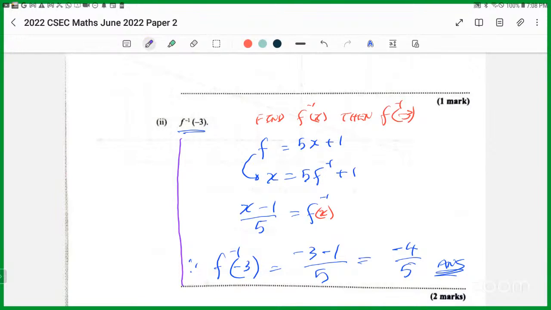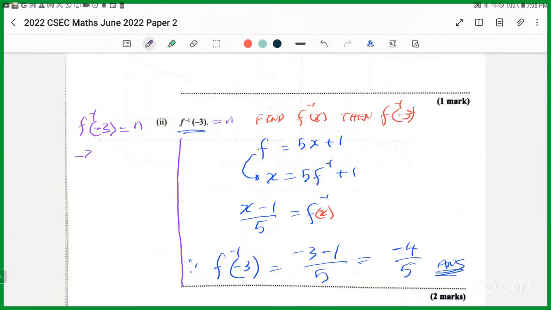All right. So the other method, we will call this n. It's your f to the minus 1 of negative 3, and we put it equal to some number n. We try to find what that number n is. So if f to the minus 1 of negative 3 is equal to n, it means we transpose the f to the minus 1.